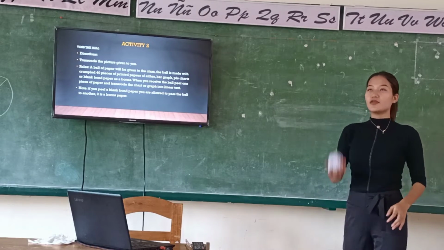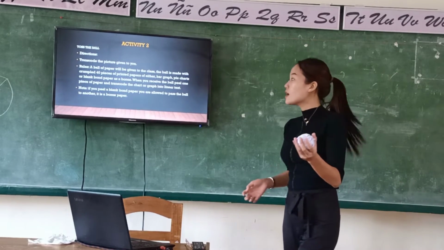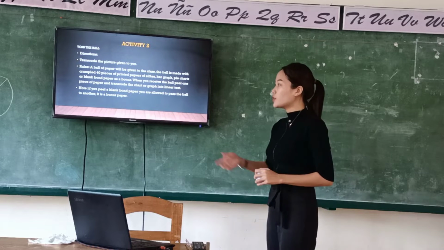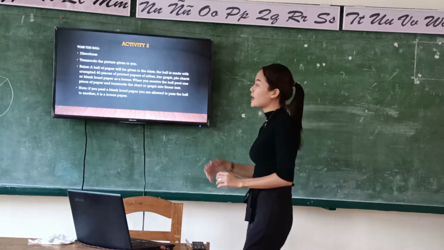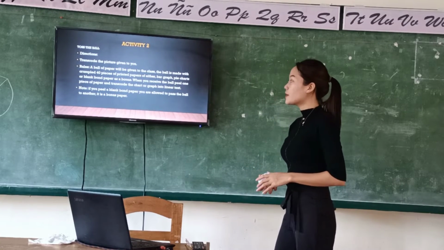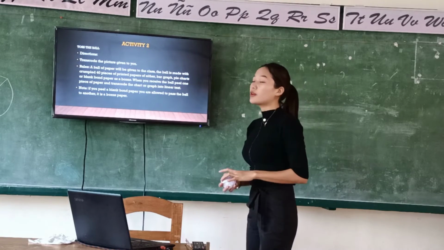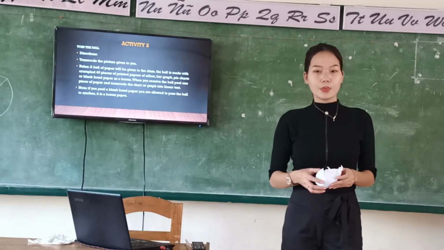For our next activity, I have prepared 40 crumpled pieces of paper. As you can see here, a ball of paper will be given to the class. So this is the ball, and the ball is made with 40 crumpled pieces of paper.